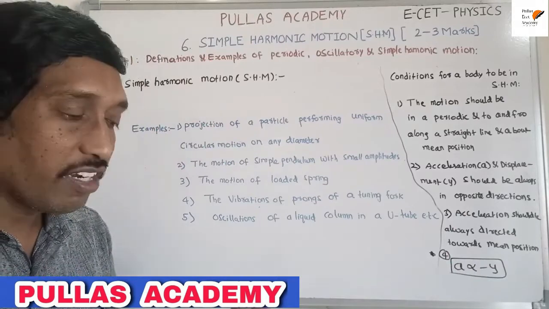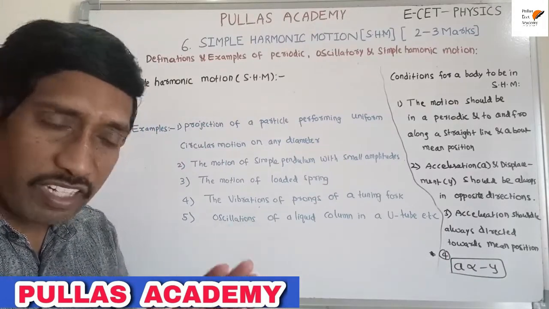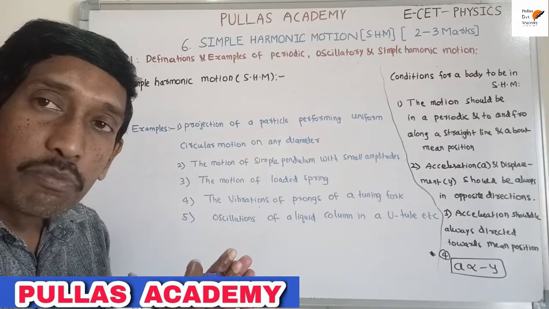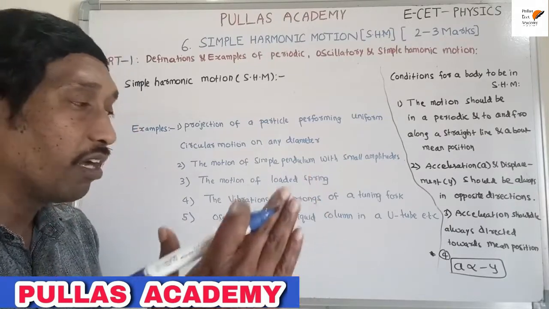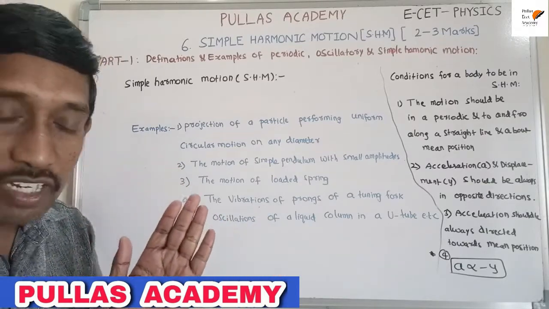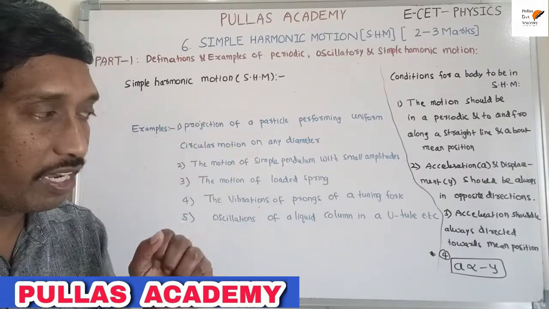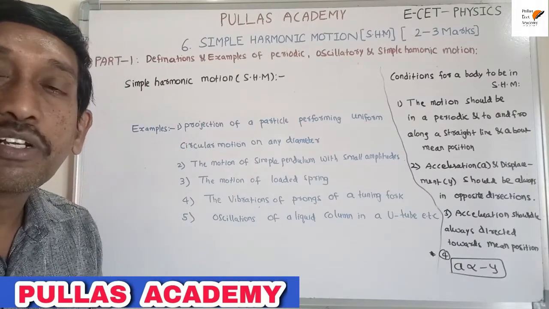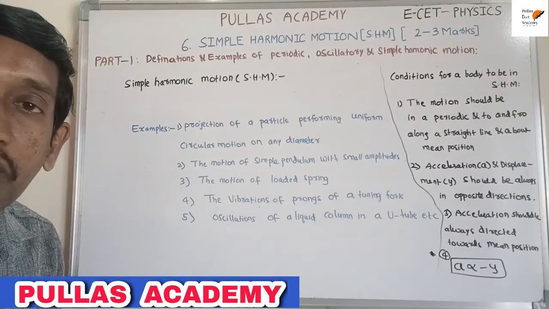Suppose the acceleration is always acting towards the mean position, and the body is moving away from the mean position to the extreme position. So the displacement is away from the mean position, but the acceleration is acting towards the mean position. That's why they are opposite in direction.